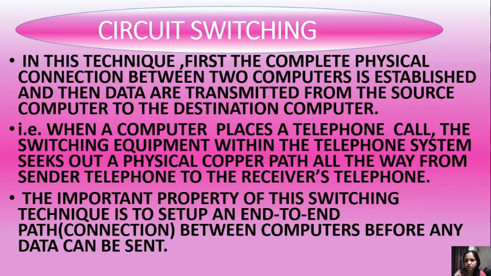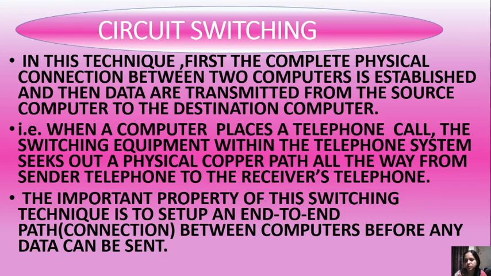Here in circuit switching, we can compare that closed path with this physical connection between two computers. It can be connected using any cable or wire, and after that data are transmitted from the source computer to the destination computer.